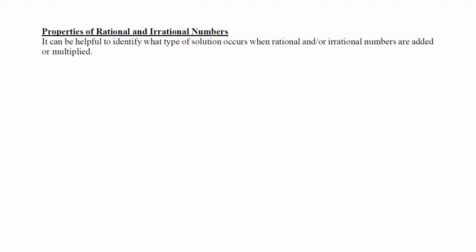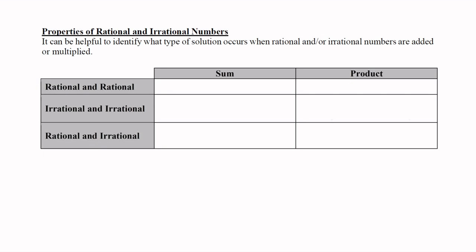So it can be helpful to identify the type of solution that occurs when numbers are added and multiplied. So here's a little table that we're going to use to identify what happens when we add or multiply numbers. Remember, sum is the result of numbers that you add together, and the product is the result of numbers that you multiply together. So let's start with rational and rational numbers.